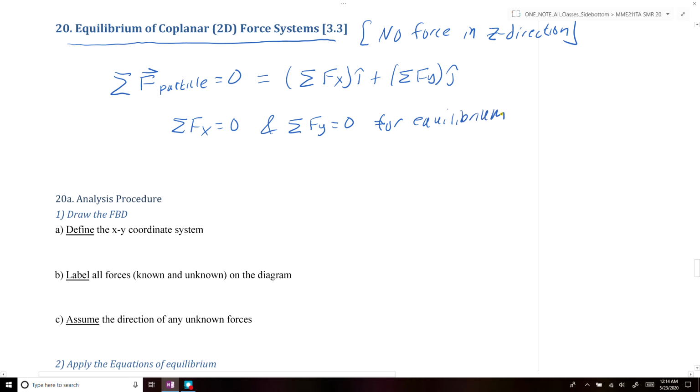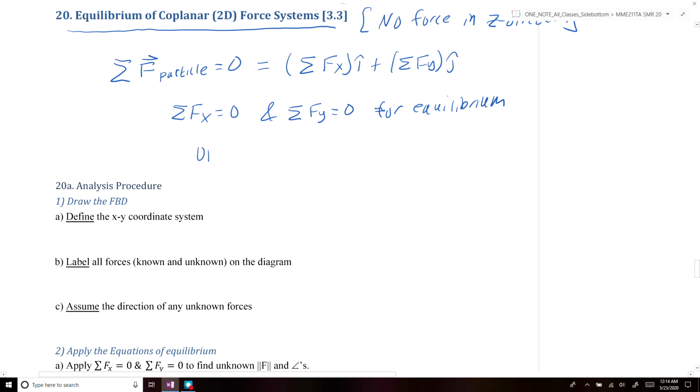Because we have two equations, we can solve for up to two unknown forces, or directions, I should include, determined using these two equations.